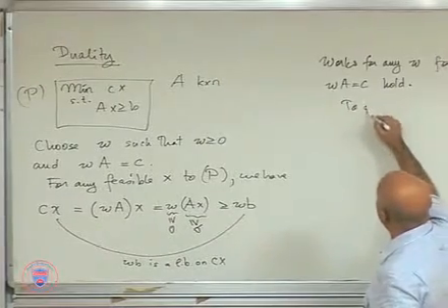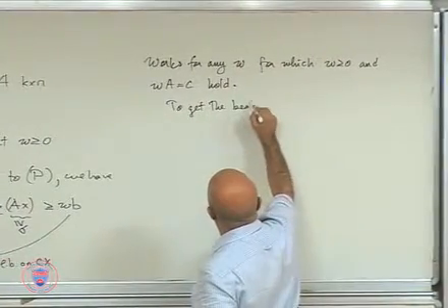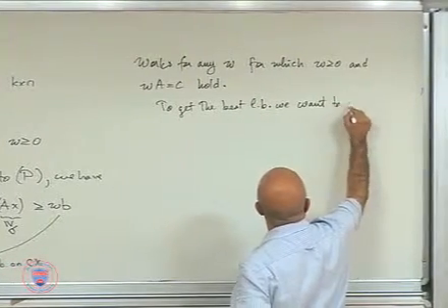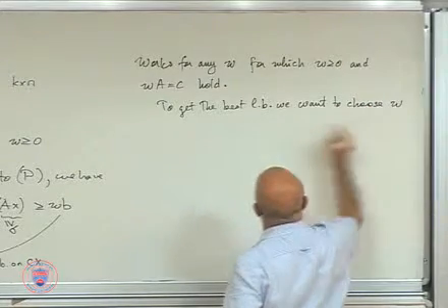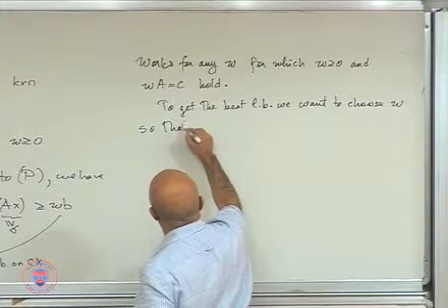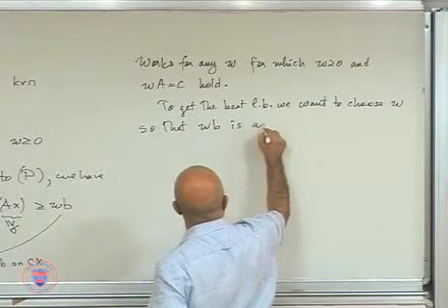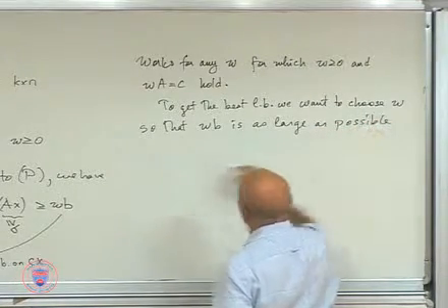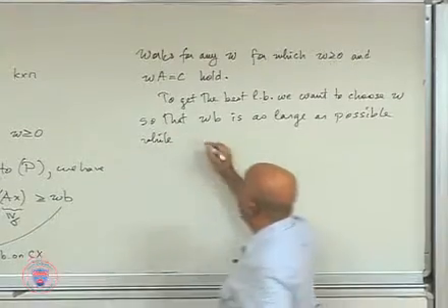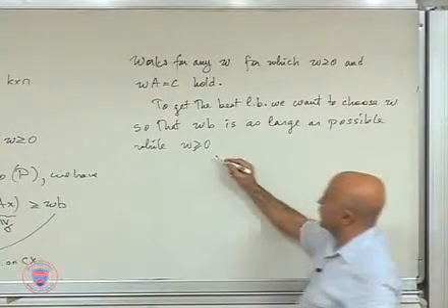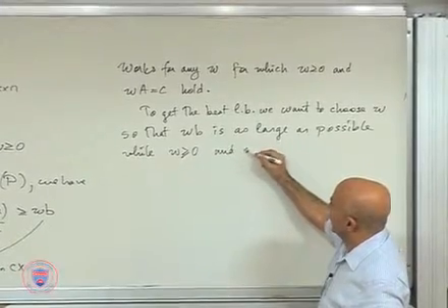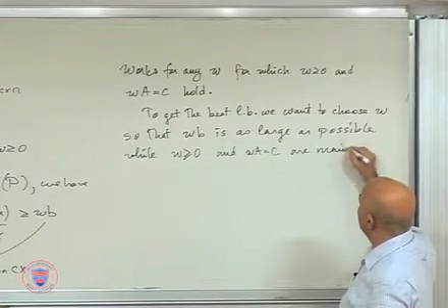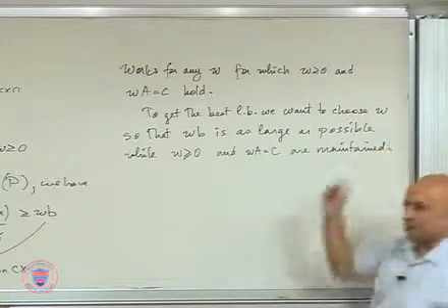So to get the best lower bound, we want to choose W so that Wb is as large as possible, while the conditions, non-negativity on W and WA equals C, are maintained or satisfied.